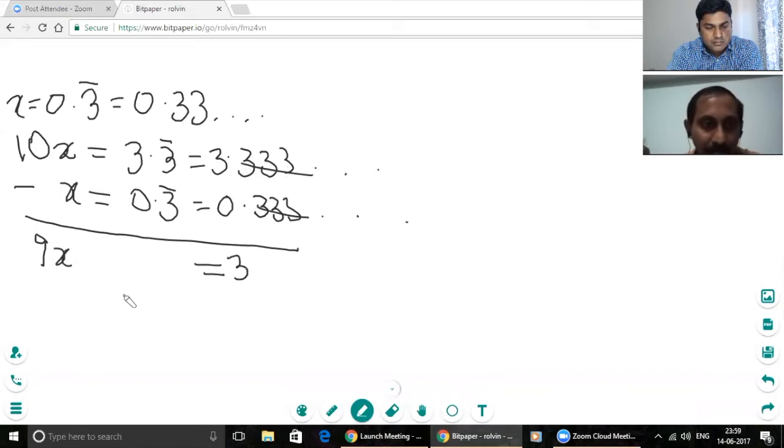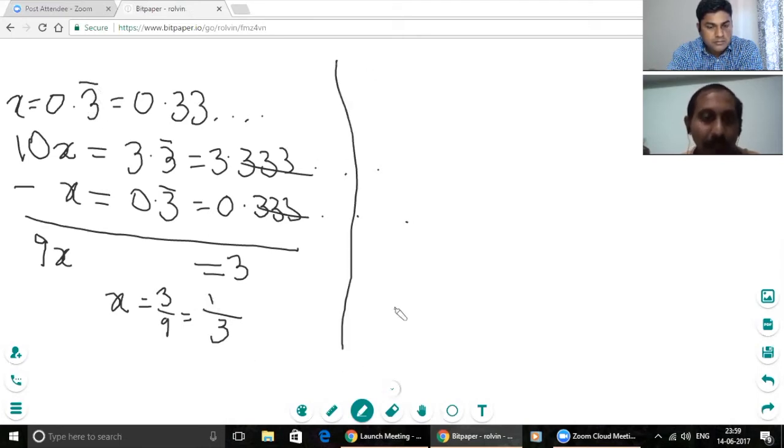So x is 3 by 9, or 1 by 3. So we have converted a decimal where one digit is repeating into a fraction. This is the principle of how we can convert it.